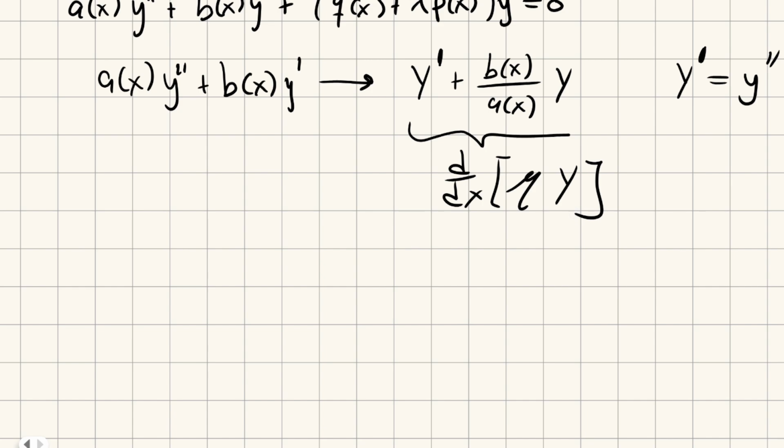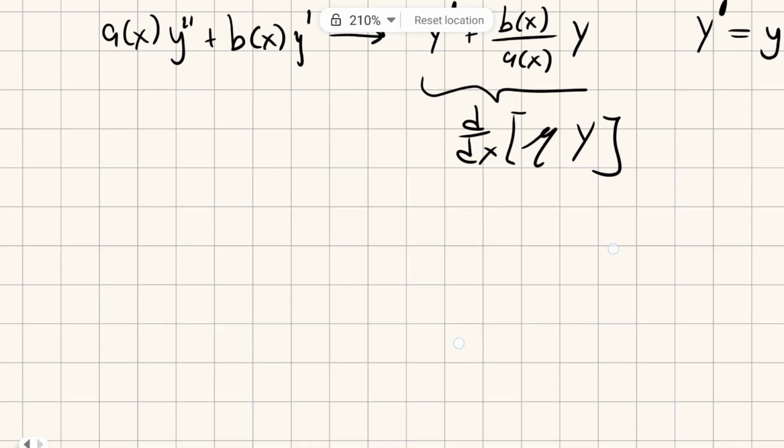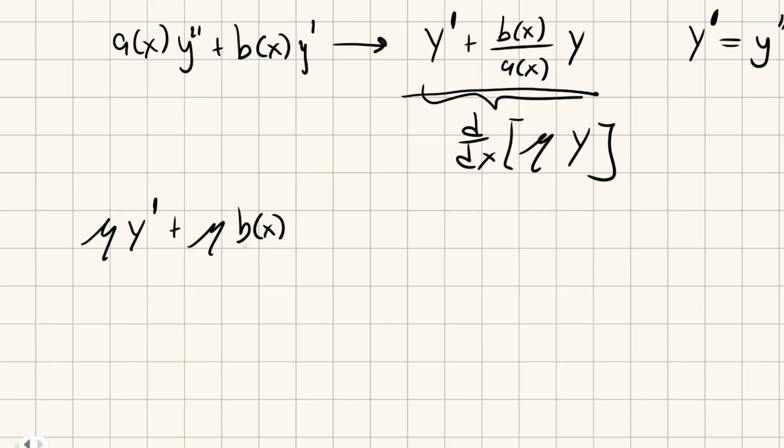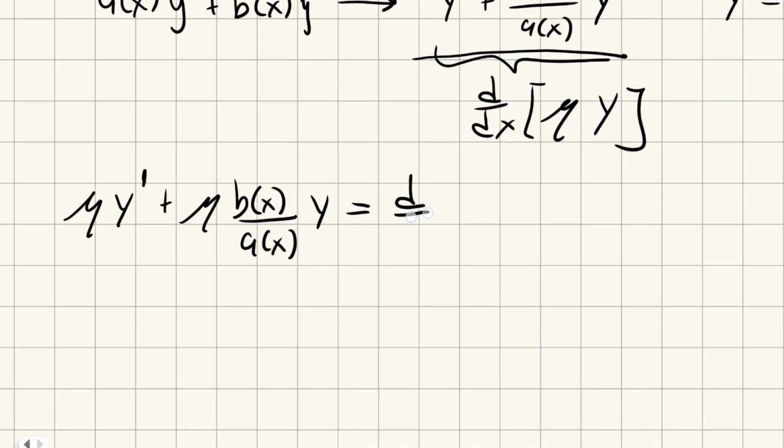So what we are going to do first is to multiply this expression by this factor mu, as mu y double prime plus mu b of x divided by a of x y prime, and we said that this needs to be equal to the derivative with respect to x of mu y prime.